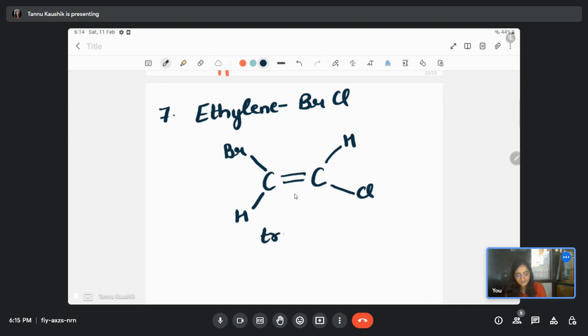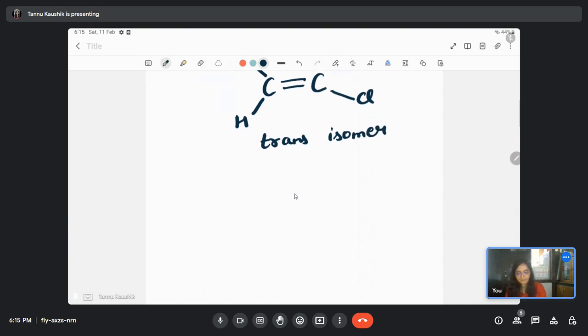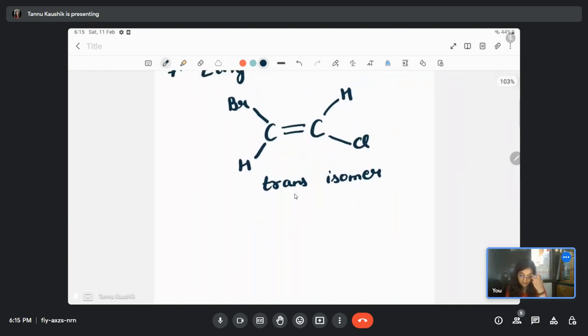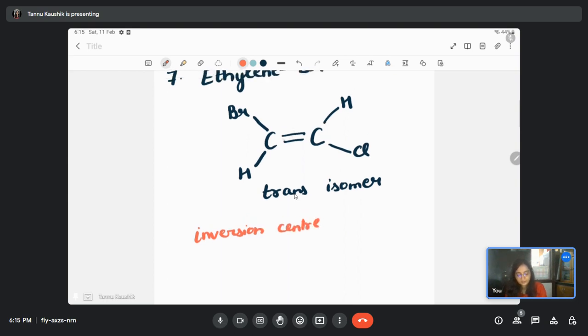So this is bromochloroethylene. Here I have taken a trans isomer. Here we can see we have an inversion center present at the center of this double bond between carbon and carbon.